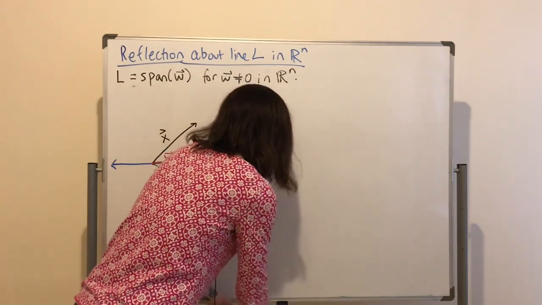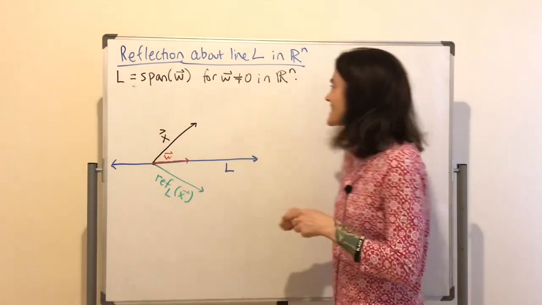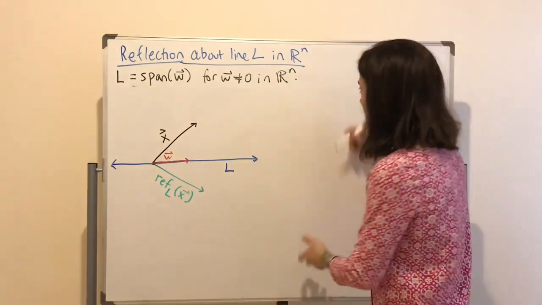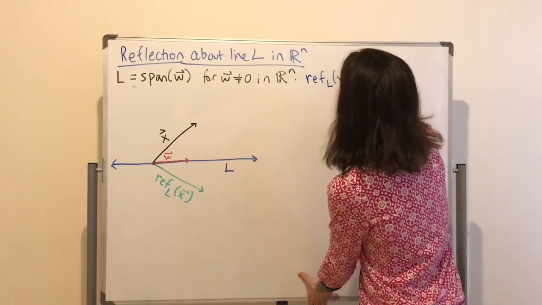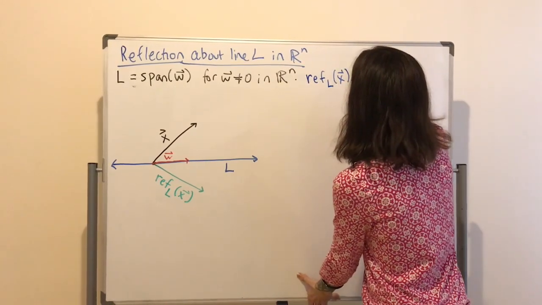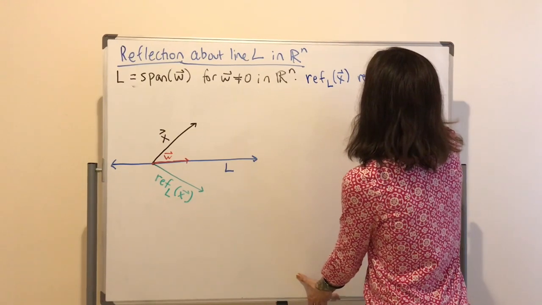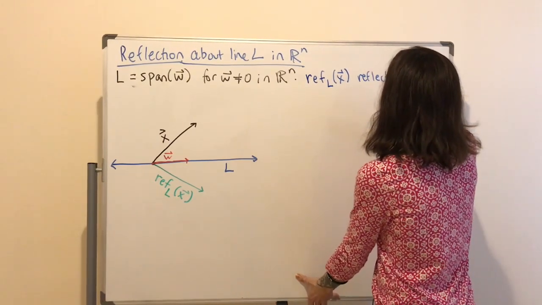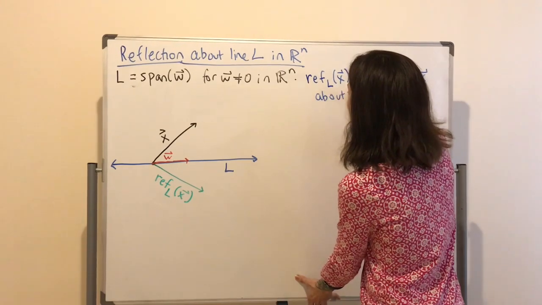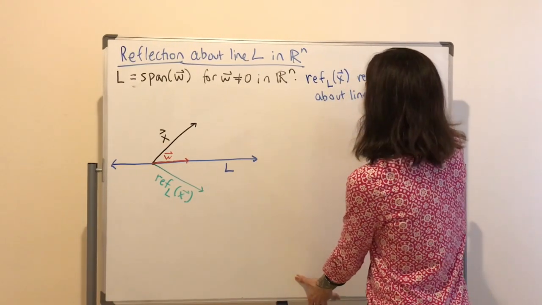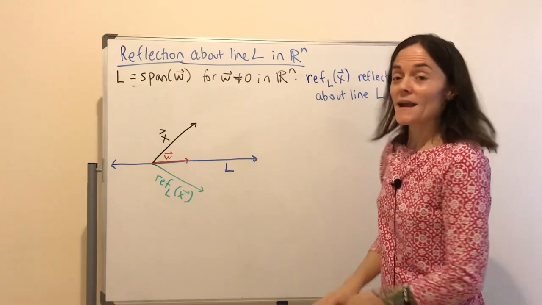Let me write this down. Then we will figure out what it is. We want to define reflection. So this ref L of x is the reflection of x about the line L. Now, what is this?